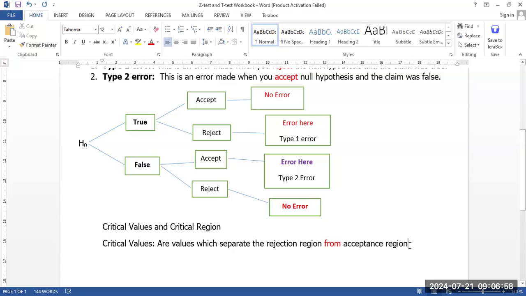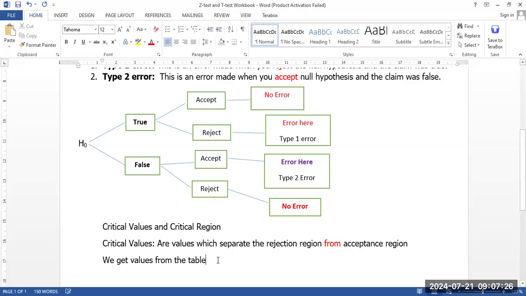And these values, where do you get these values? We get critical values from the table. We get critical values from the what?